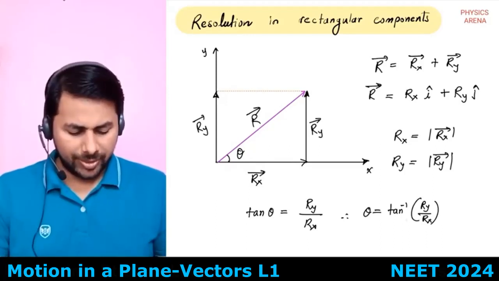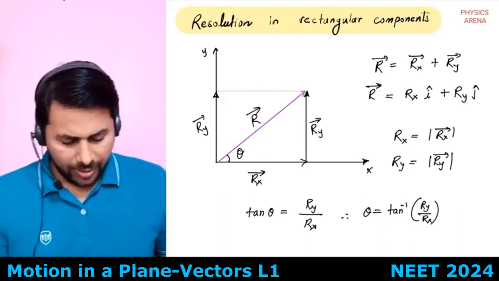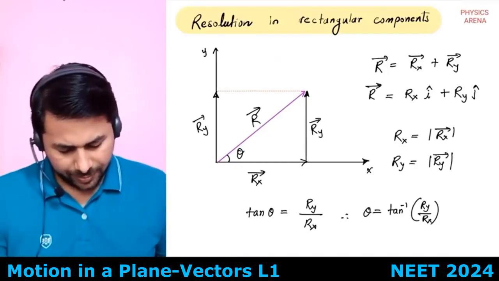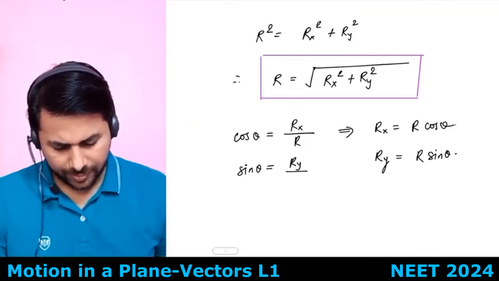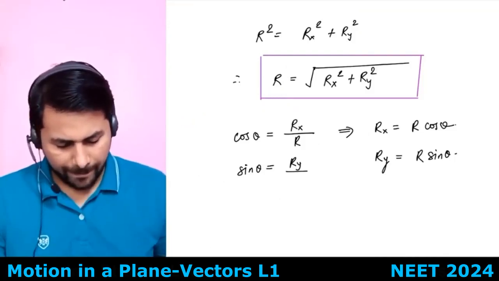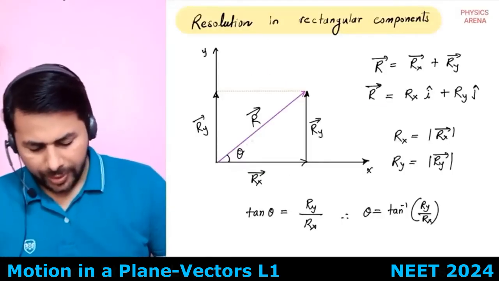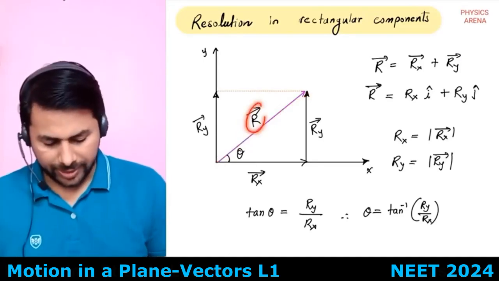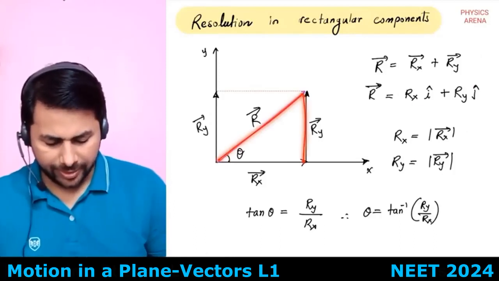So theta will be equal to tan inverse of ry upon rx. So this is clear. All right, so if I want to find out the magnitude of the resultant, I can use Pythagoras theorem.